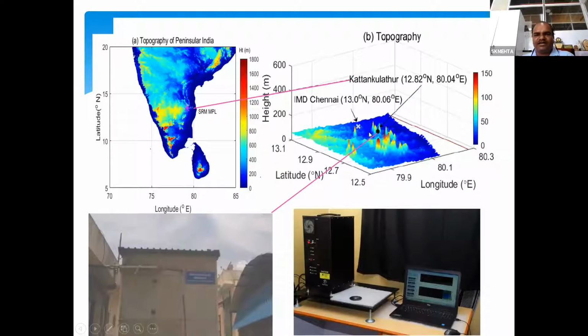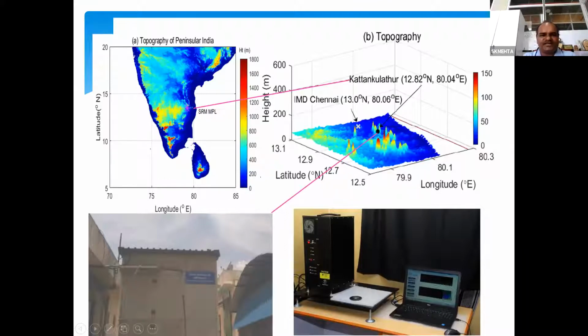Also very near is the India Meteorological Department, Chennai, from where the radiosonde and other meteorological observations are available. We have this container where the lidar is kept, and from it we operate this Micro Pulse Lidar. So we take observations at this location.